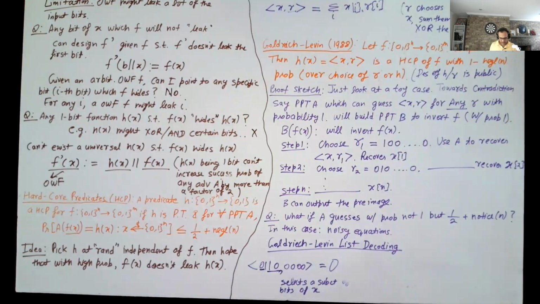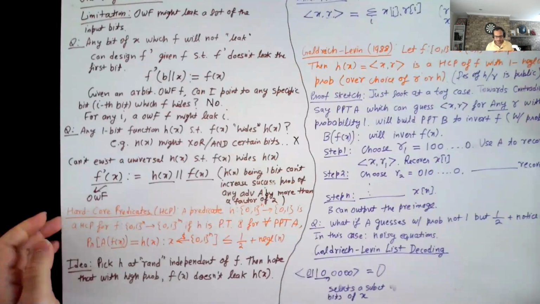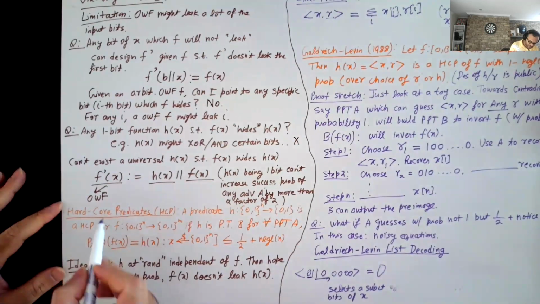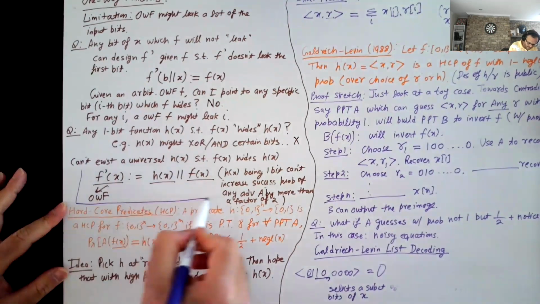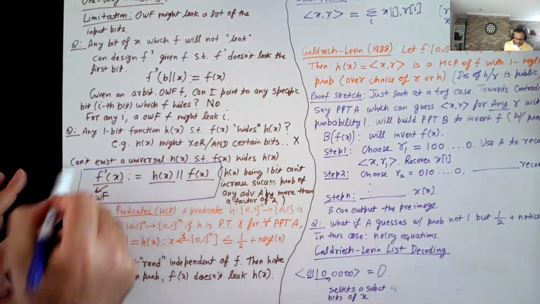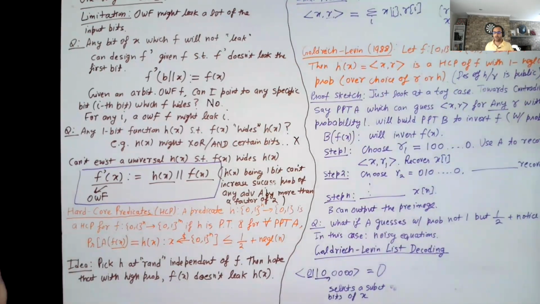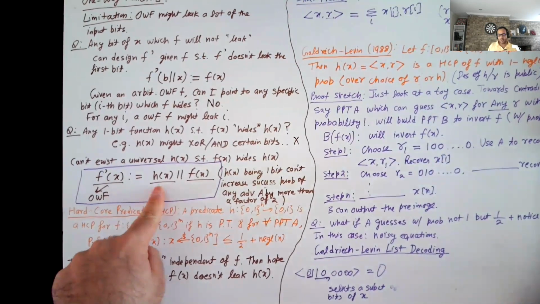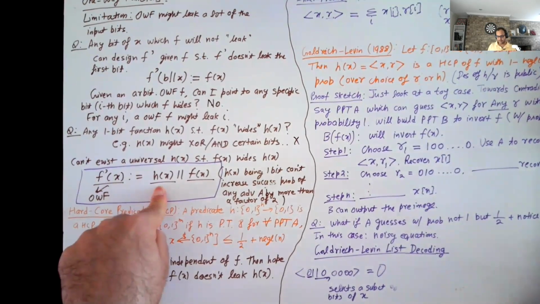So another question, can you explain why a universal hardcore predicate cannot exist? Good. So this brings me to this equation. Suppose there exists a universal hardcore predicate, which is h of x. h of x should work for any one-way function, right?